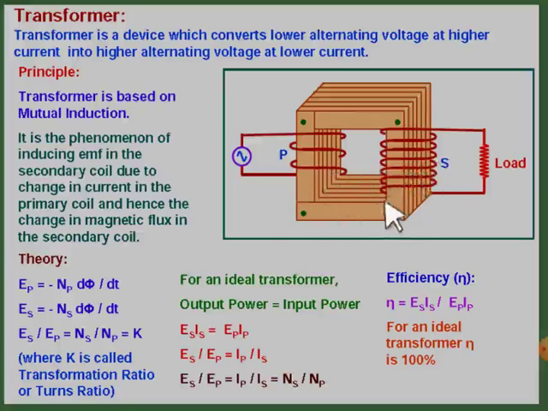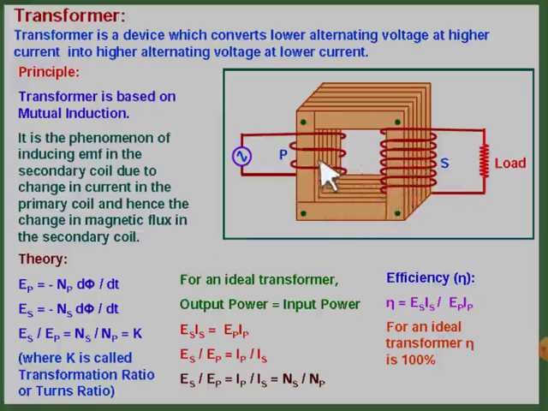So it is the phenomenon of inducing EMF in the secondary coil due to the change of current in the primary coil, and hence the change in the magnetic flux in the secondary coil. So what is meant by primary coil and secondary coil?